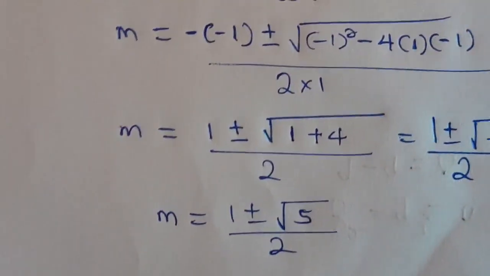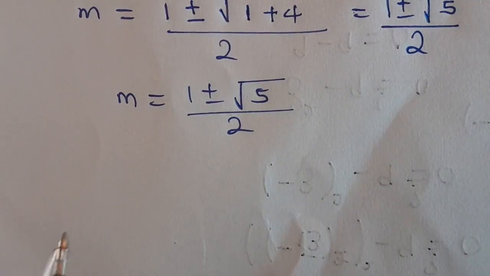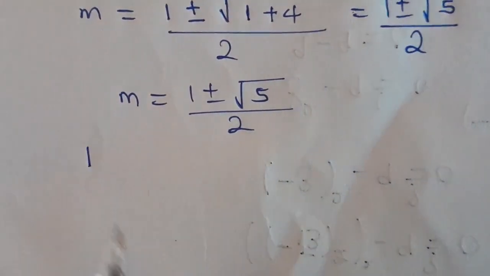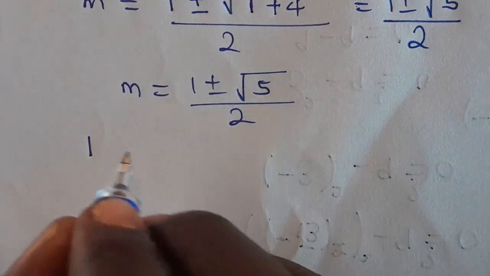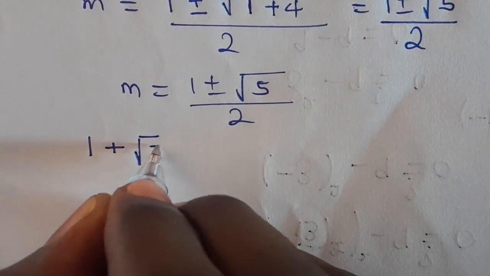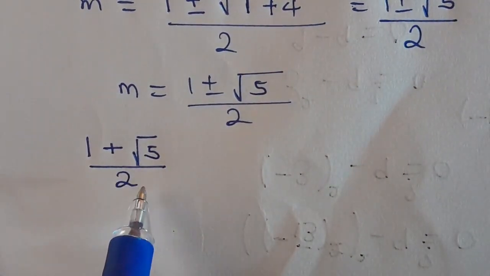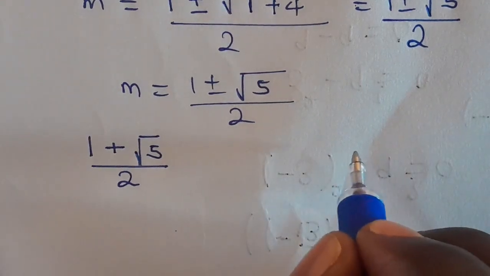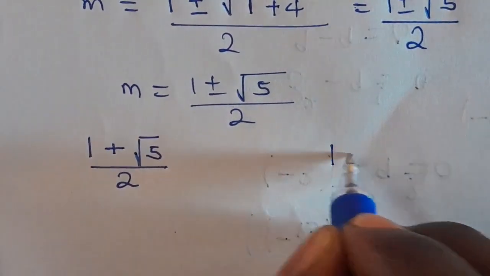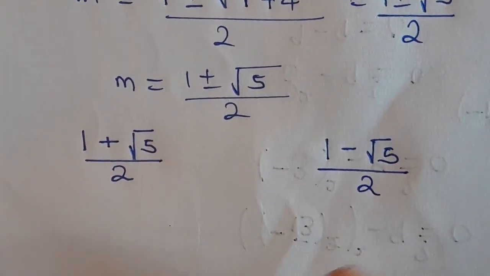So guys, we can easily have this to be, for the first one, when we take positive, we have (1 plus root 5) divided by 2, and the second one we have (1 minus root 5) divided by 2.